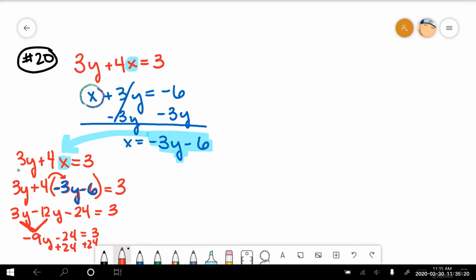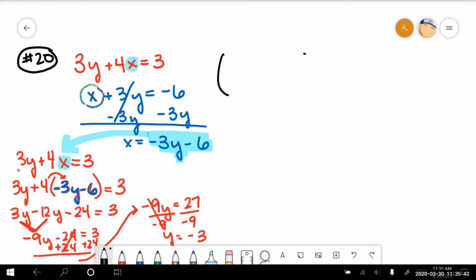Add 24 to both sides. I'm going to move my work up here. Negative 9y equals 27. And when I divide both sides by negative 9, don't forget the negative, y equals negative 3. Okay, so up here I'm going to go ahead and put my solution.